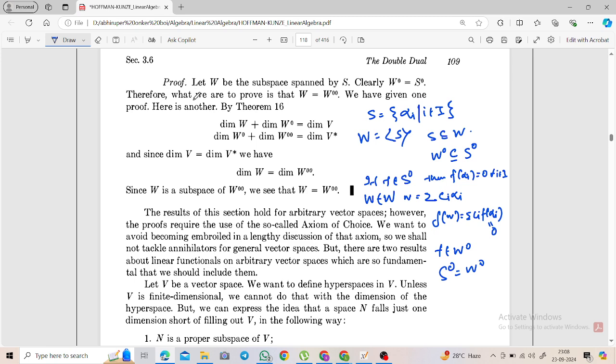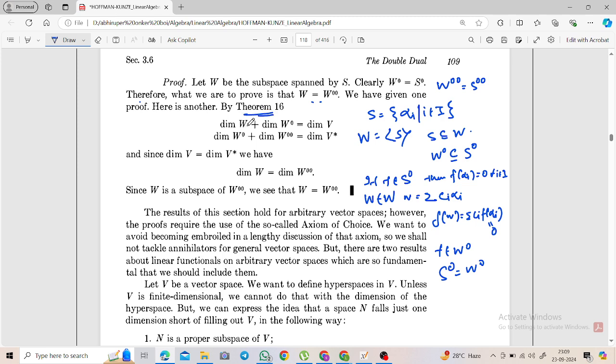Okay. Therefore, what we are to prove is that W is W naught naught. Yeah, because W naught naught is S naught naught. You have been told to show that S naught naught is basically W. So they will prove this. W is W naught naught.